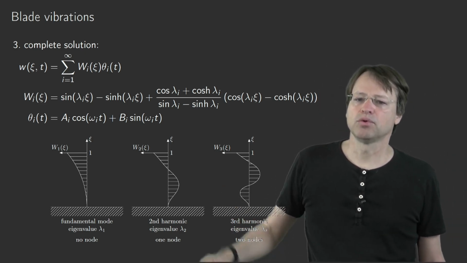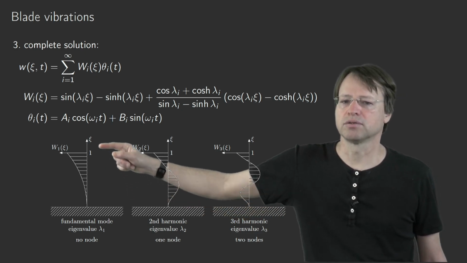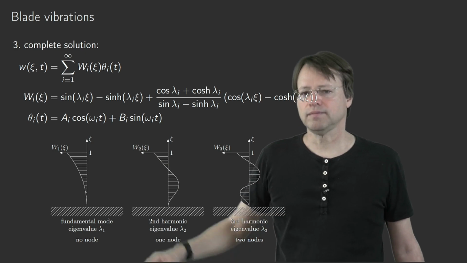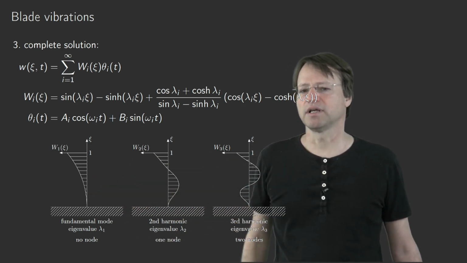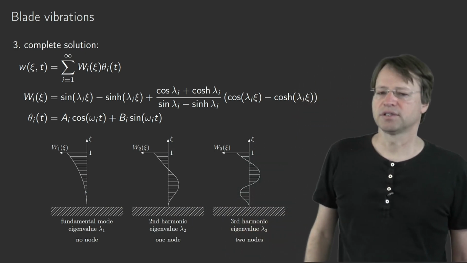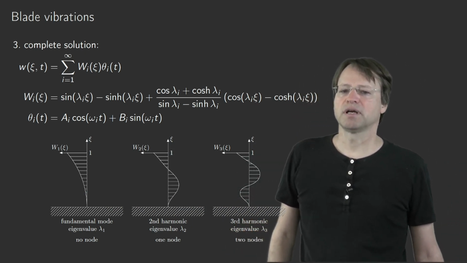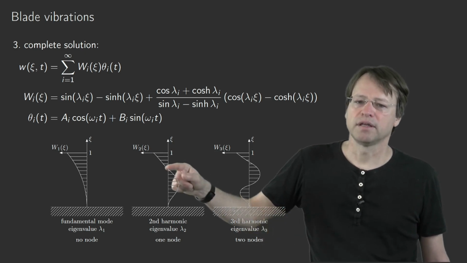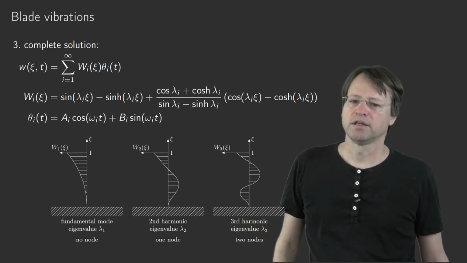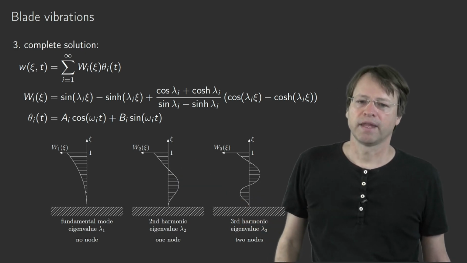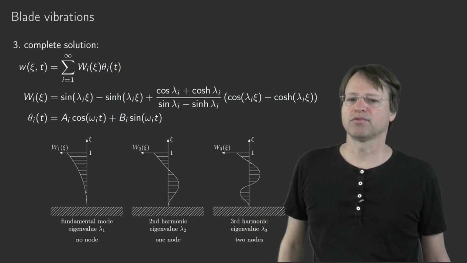So the fundamental mode is just like this. It must be 0 at one end, and then you see that the deflections increase. For the second harmonic, there is a local maximum and there is a zero crossing, which corresponds to a node of that vibration mode.